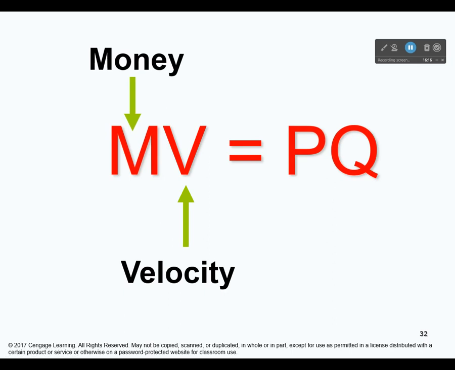You can think of this as the average number of times a dollar is spent. Let's say the money supply is $1 trillion, and the velocity of money is 10. You have $1 trillion times 10. Spending would equal 10 trillion.